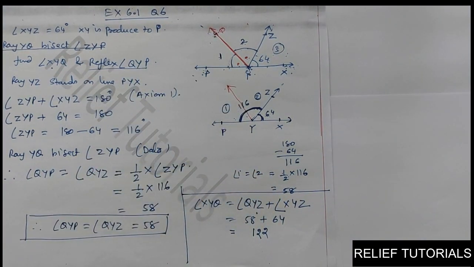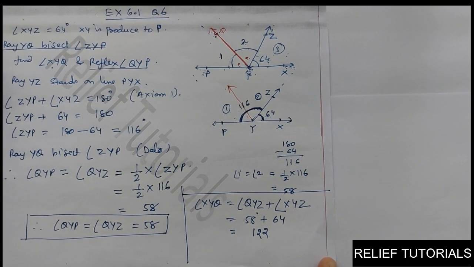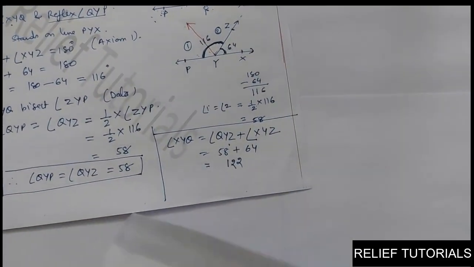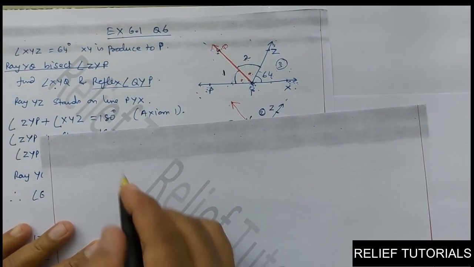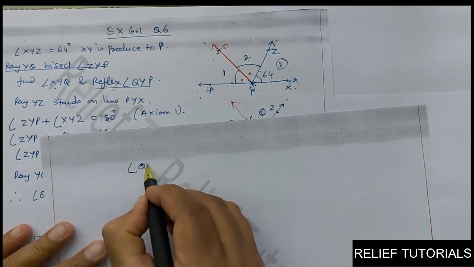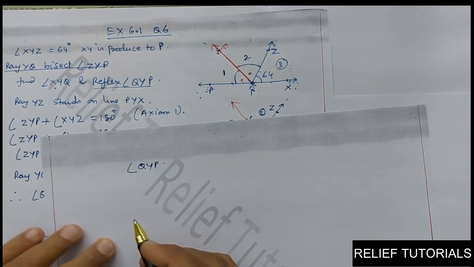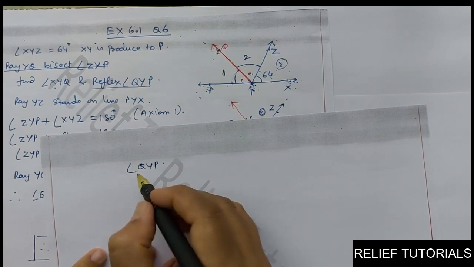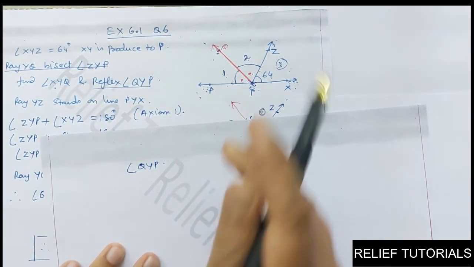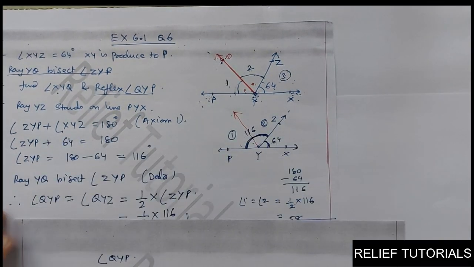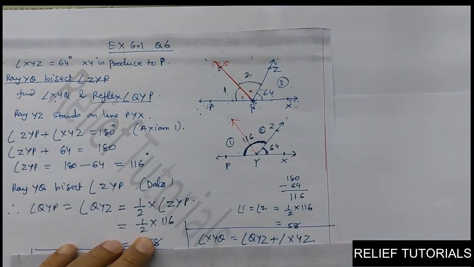Clear? So now, see, I am going to solve it on the page. So here is the diagram. Now I have to find reflex of angle QYP. The QYP, you know, it is 1. And QYP, we already found QYP is equal to 58.